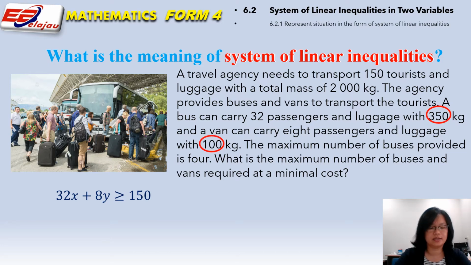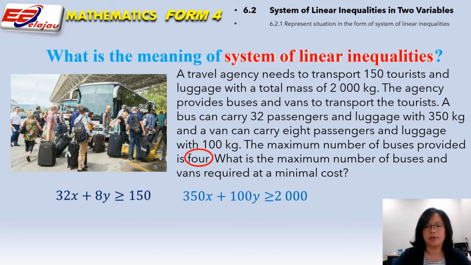Other than this, the total mass of luggages can be also written as the sum of 350x and 100y is not less than 2000 kilograms.